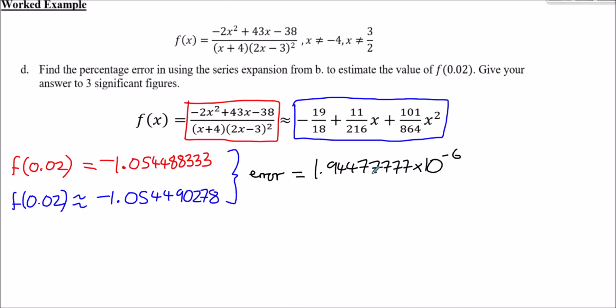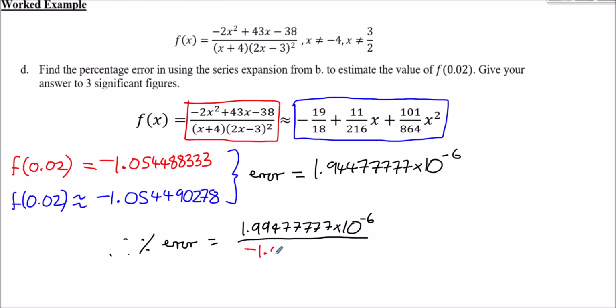So if the error is 1.94ish times 10 to the minus 6, then the percentage error is going to be this actual error, which is 1.99412345, divided by the actual exact answer, which is this, multiplied by 100.